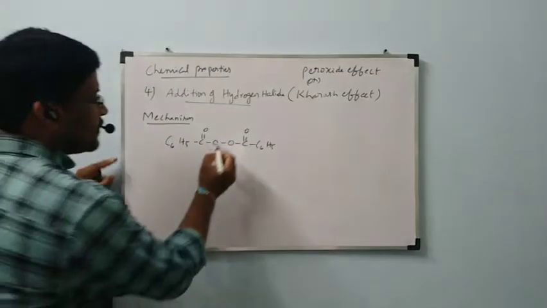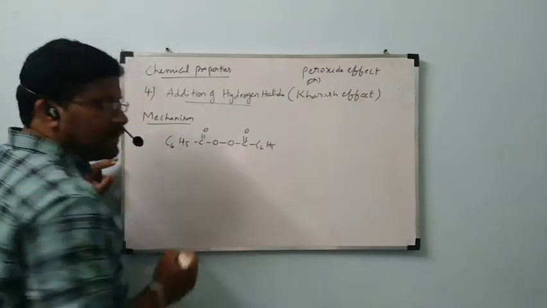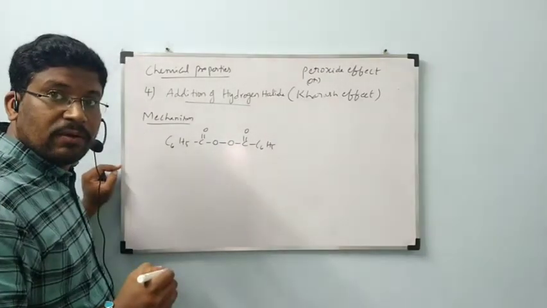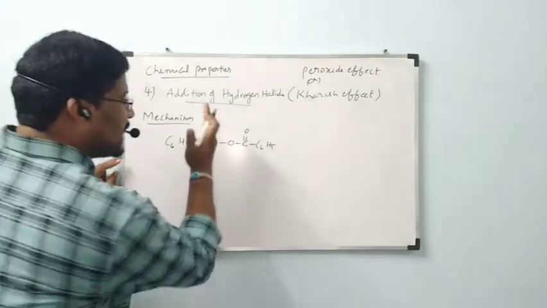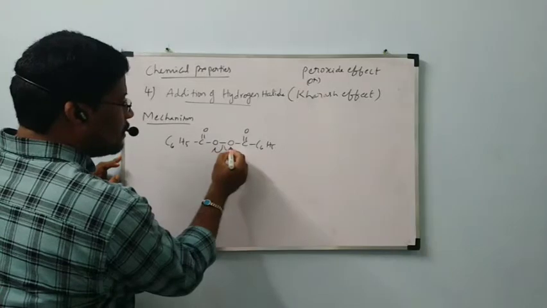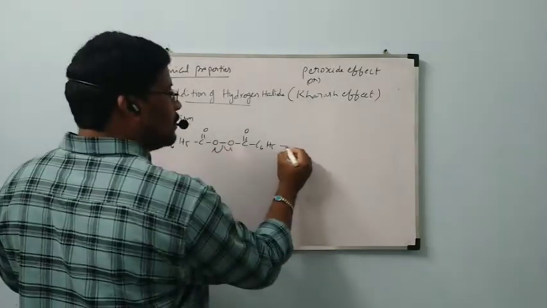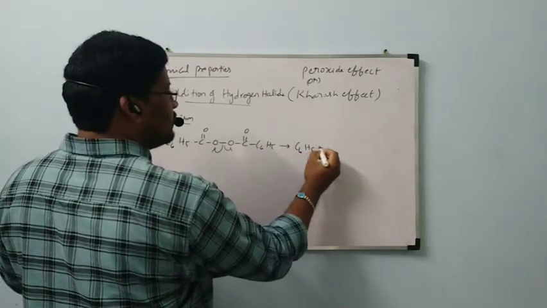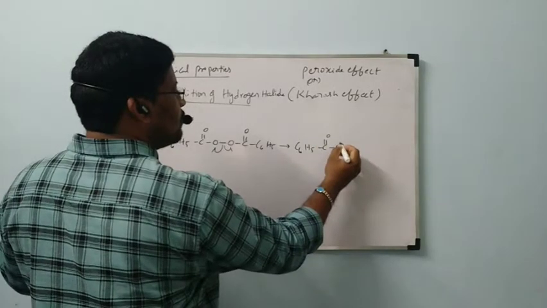That's why the bond is cleaved homolytically, equally. It is going to be broken to form C6H5C(=O)O free radical.